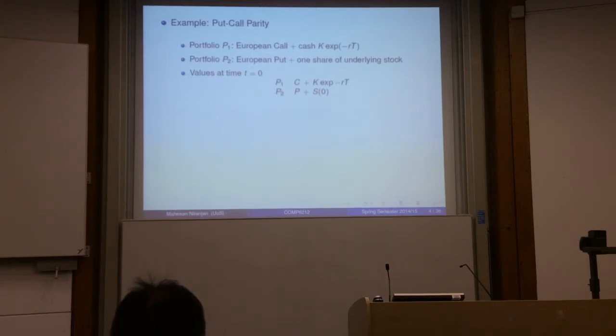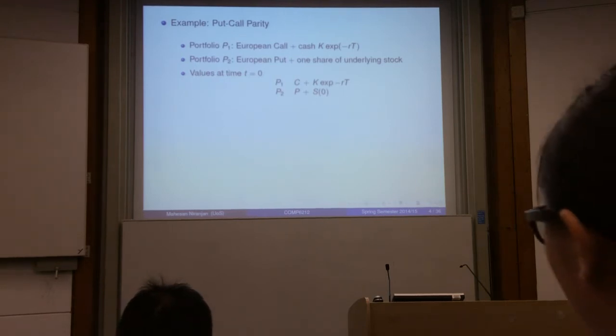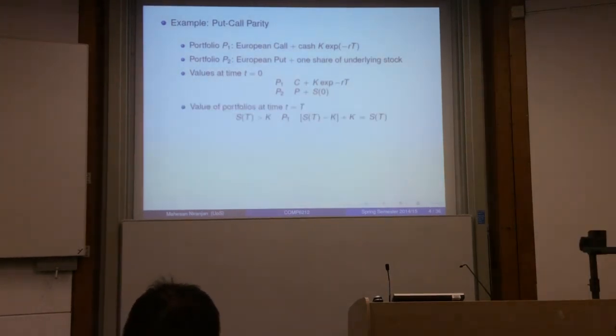At the time of maturity, the values of the portfolio are obviously going to depend on what S of T is going to be. There will be two cases: if it's bigger than the strike price or lower than the strike price.